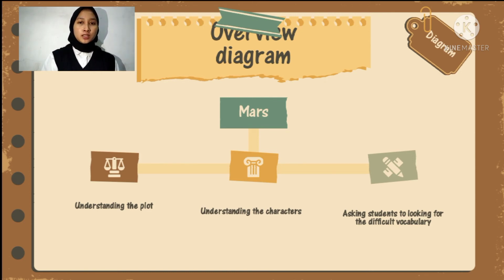To help the students understand the character, I would like to help the students make a list of adjectives which are most appropriate for each character in the short story. And the last activity is asking the students to look for the difficult vocabulary.